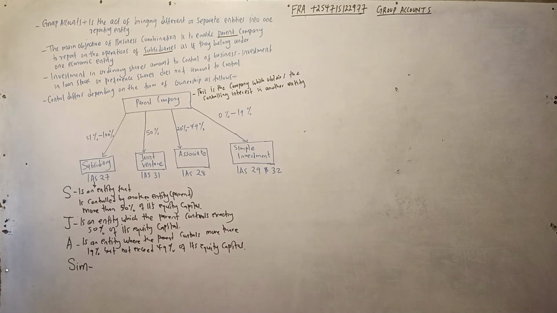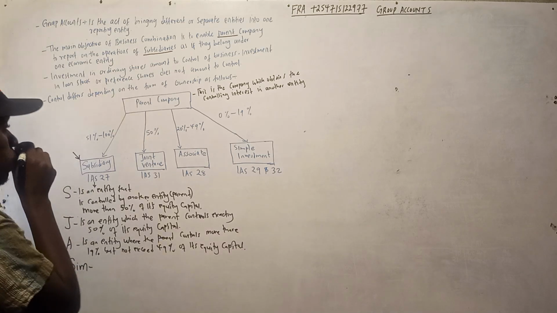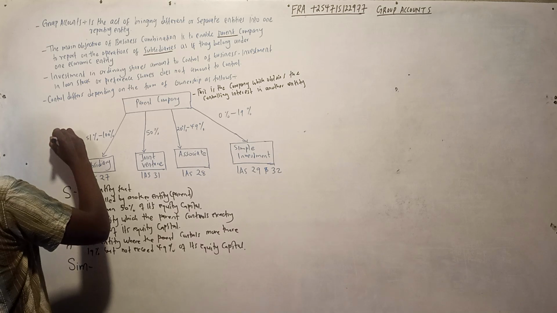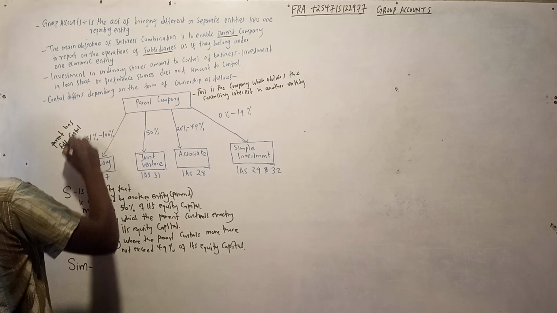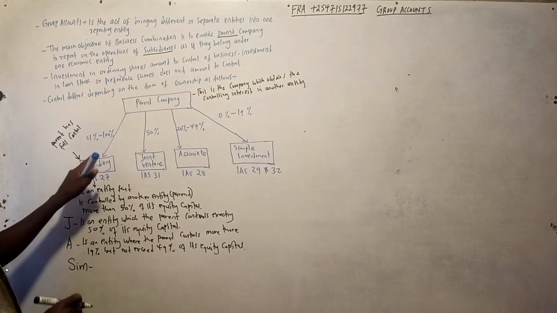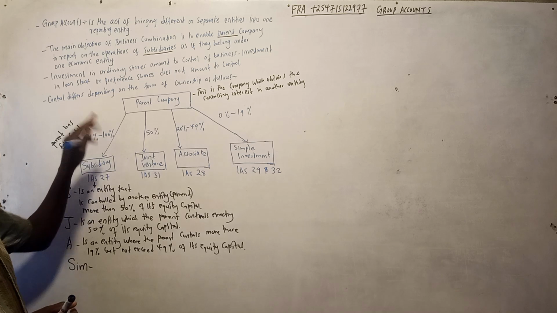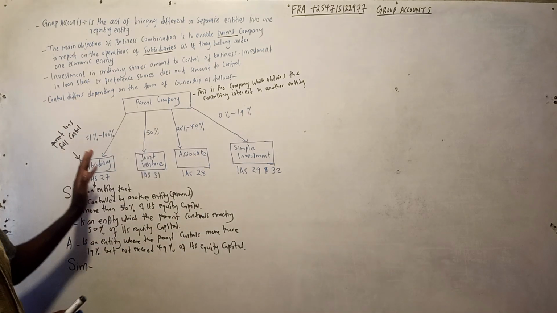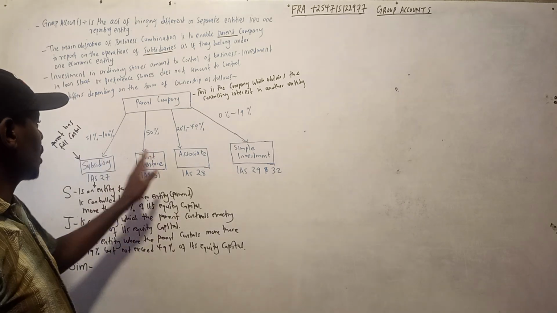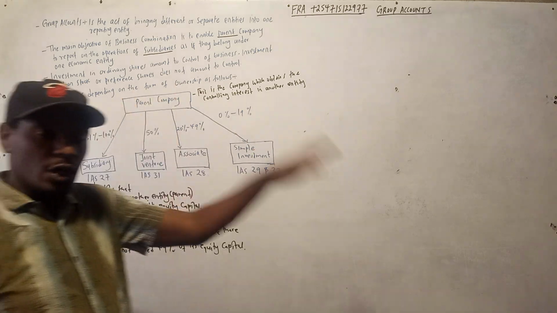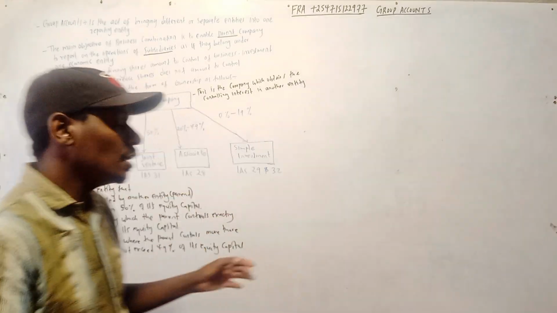Now you need to know this. Under subsidiary, the parent has full control of the entity. So the company controls the subsidiary fully, whether it is 51%, 55%, 60%, 70%, 80%, 90%, or the parent controls 100%. 50% is a joint venture.